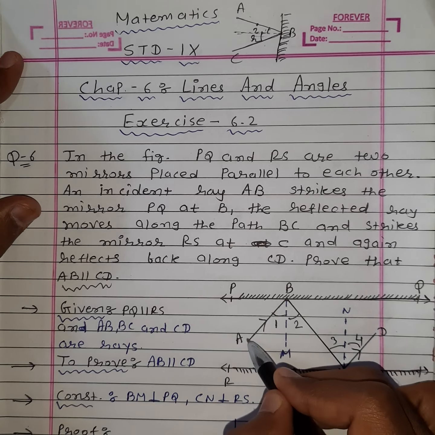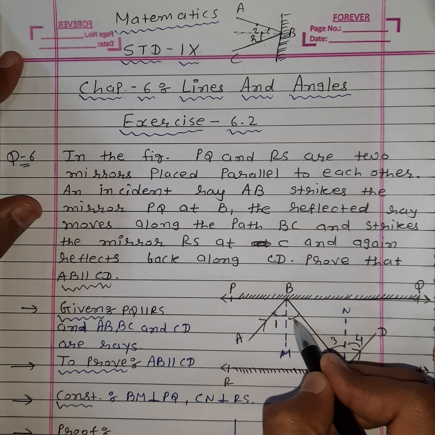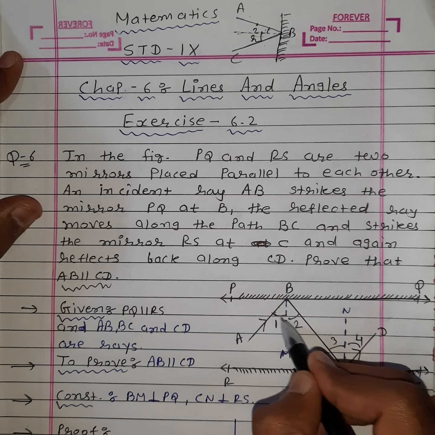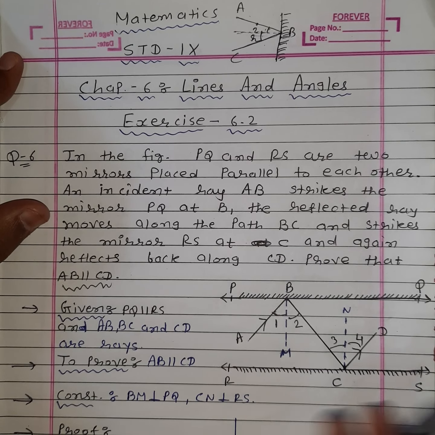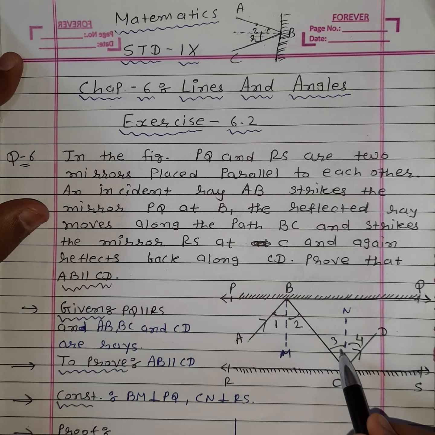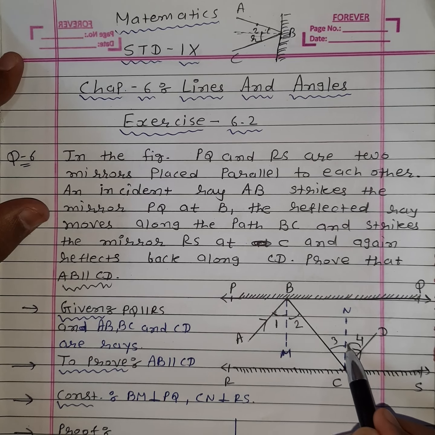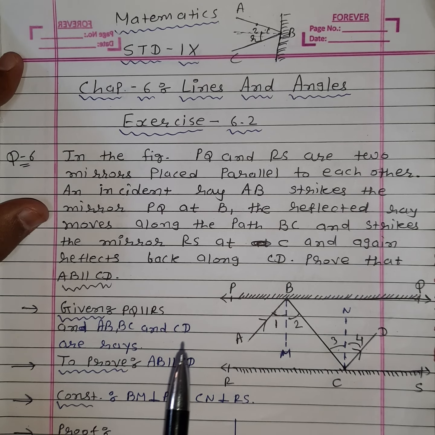So in this case, angle 1 is the angle of incidence and angle 2 is the angle of reflection, so they must be equal to each other. Similarly, for this mirror RS, BC makes this angle 3, that is the angle of incidence, and angle 4 is the angle of reflection. So angle 3 and angle 4 must be equal to each other, right?